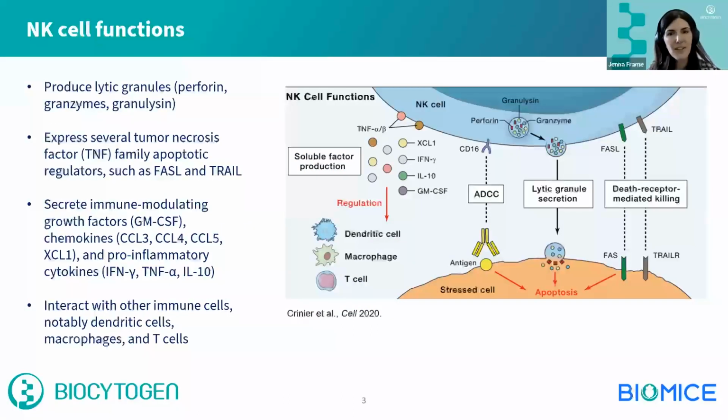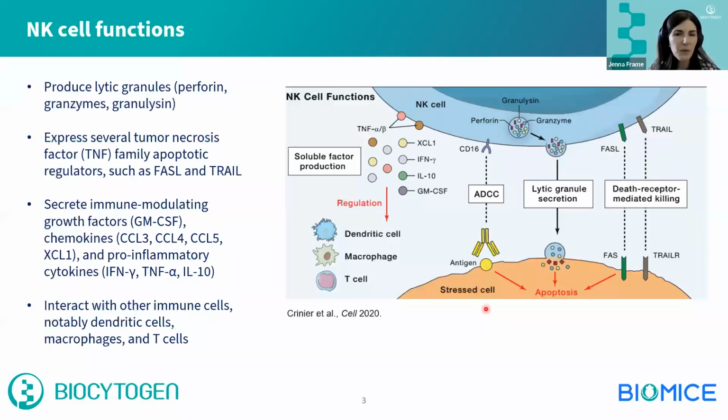So natural killer cells, commonly known as NK cells, are immune cells which can be cytotoxic. These cells can induce cell death of target cells through a few different mechanisms, including release of lytic granules into the target cell, through engaging FAS or TRAILR receptors on target cells to induce apoptosis, or through antibody-dependent cellular cytotoxicity, which involves the recognition of the Fc region of certain antibodies, recognizing foreign antigens.